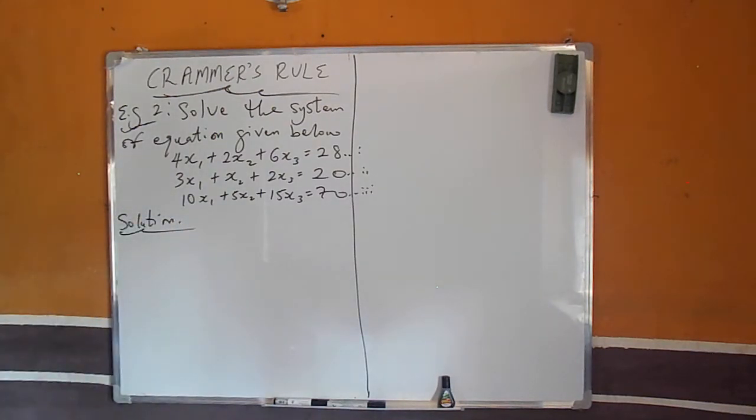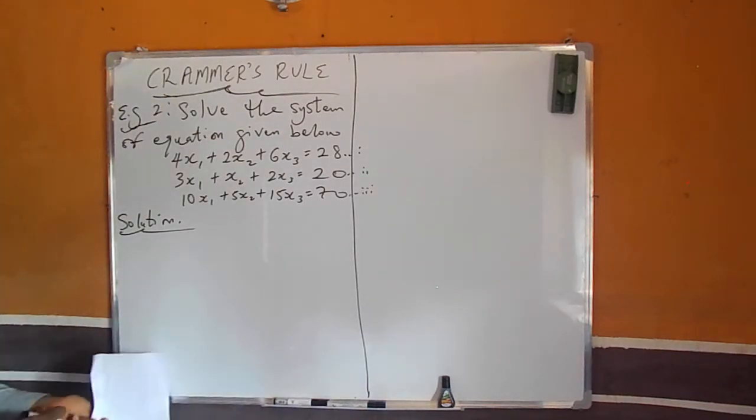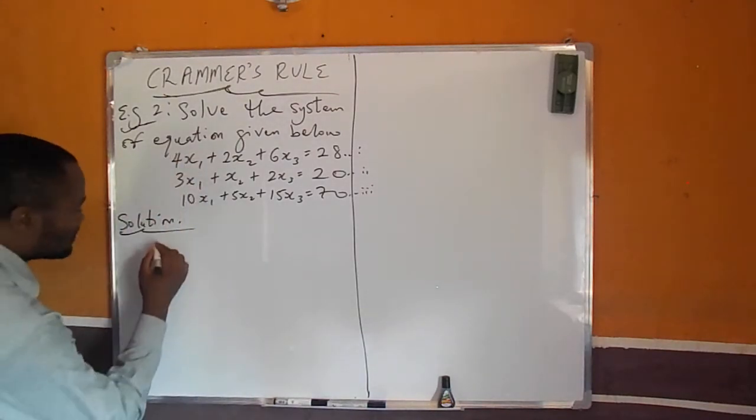Now, the first thing, let's start with the determinant of A first, before looking for the determinant of x1, x2, and x3.